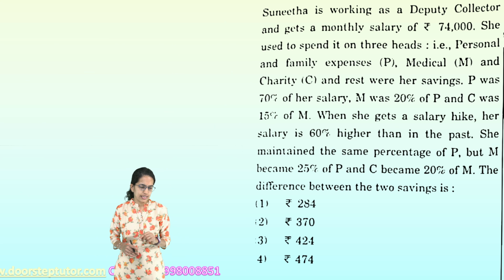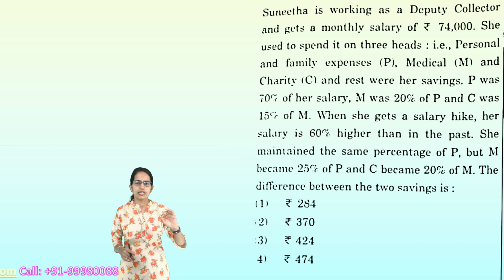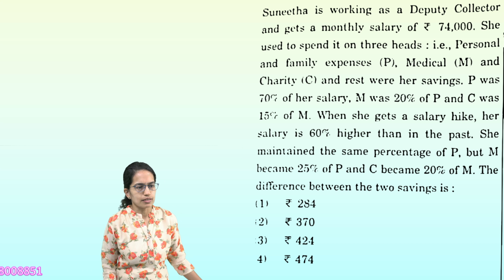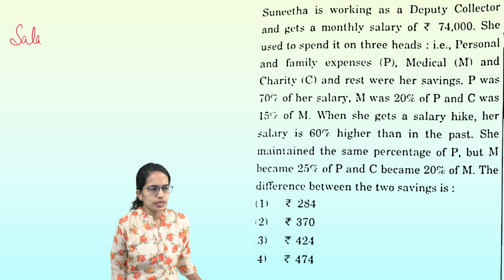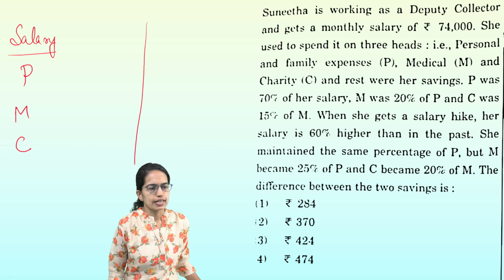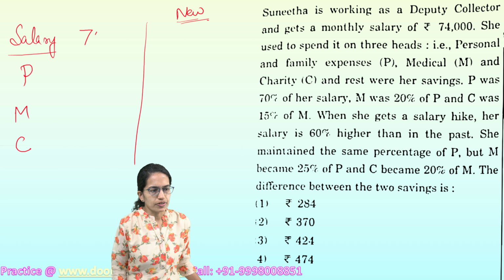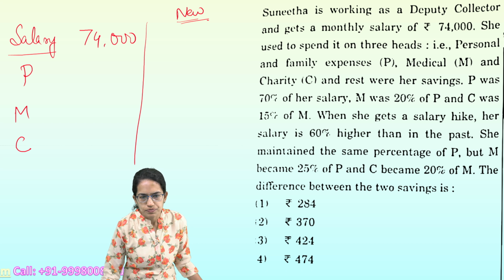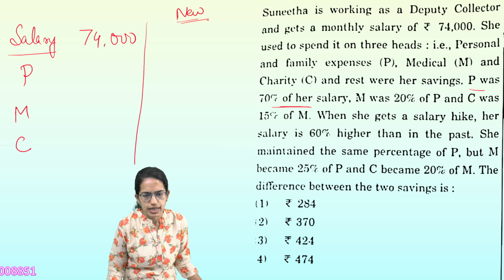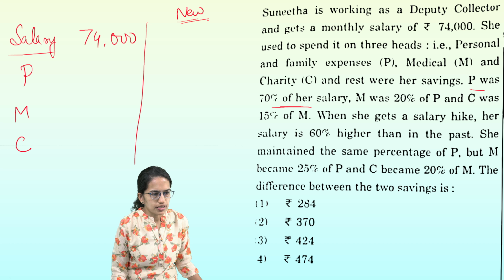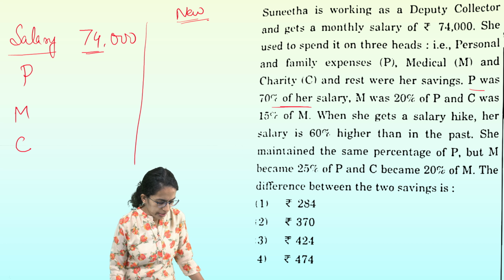The next is another interesting problem. Now Sunita is working as a deputy collector and has a monthly salary. So what we'll do is we'll write the salary here. Then we'll have the three heads, which are personal, medical and charity. In the first case and in the case when the person gets the new salary, right? So initial salary is 74,000. I take P as 70% of her salary, right? So 70% of 74,000 I calculate.